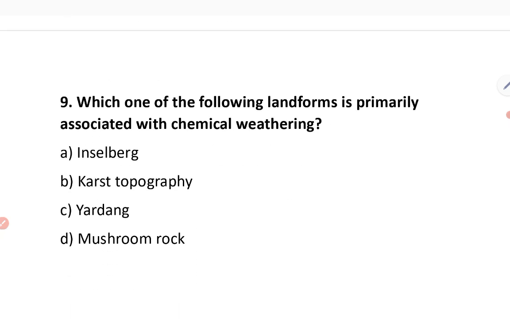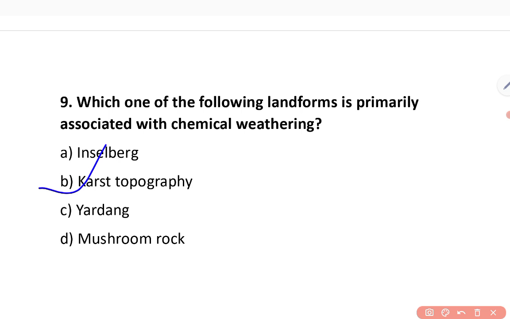Ninth question, first pause the video and try to answer it. Which one of the following landforms is primarily associated with chemical weathering? Through chemical weathering, which type of landforms generally form? In karst topography, there is a carbonation process.